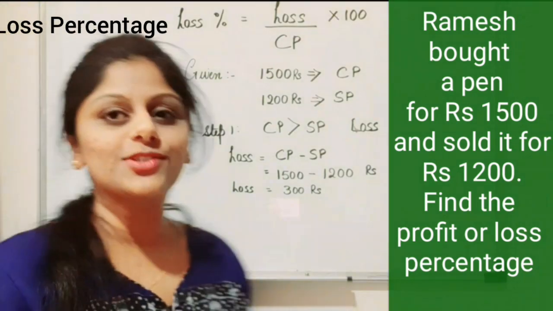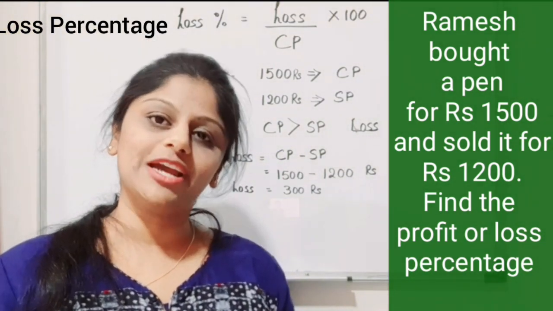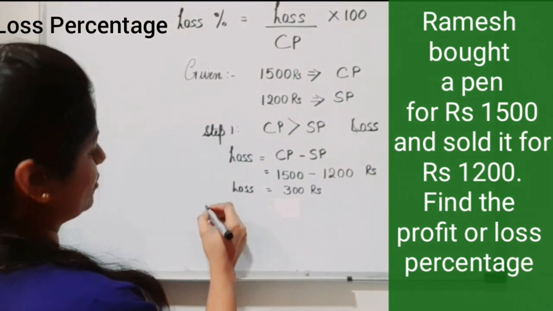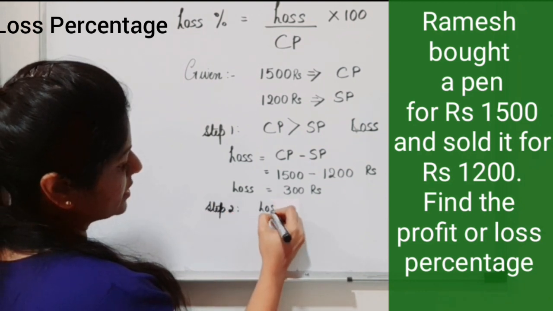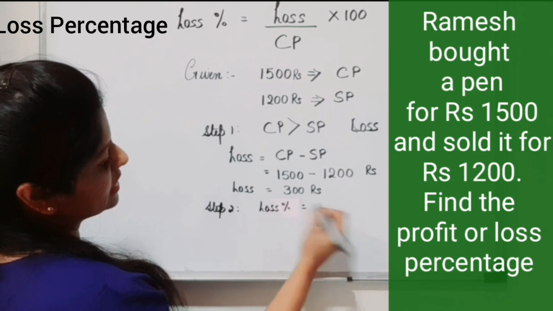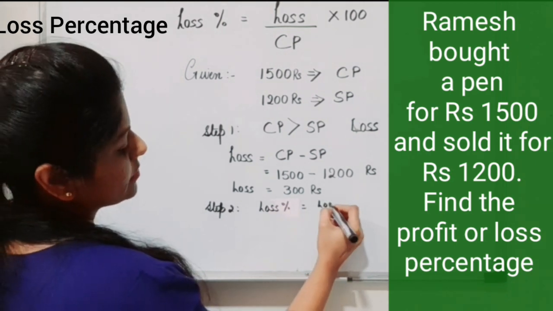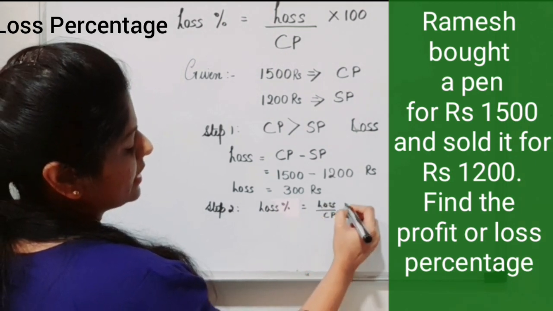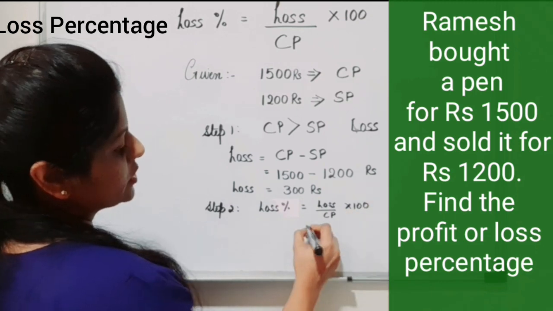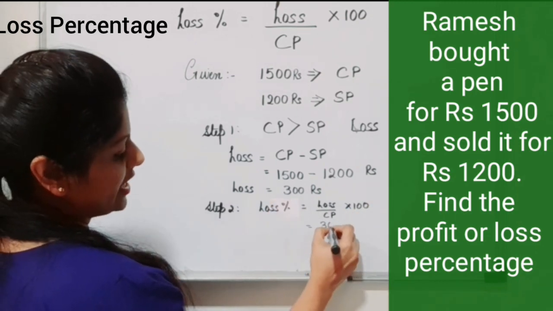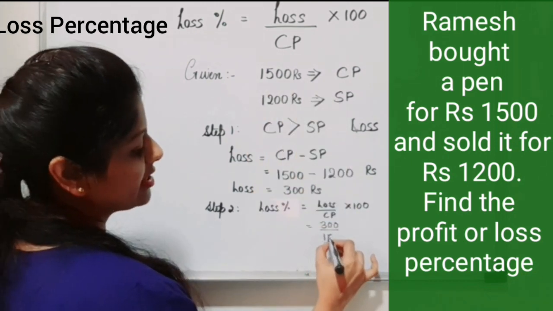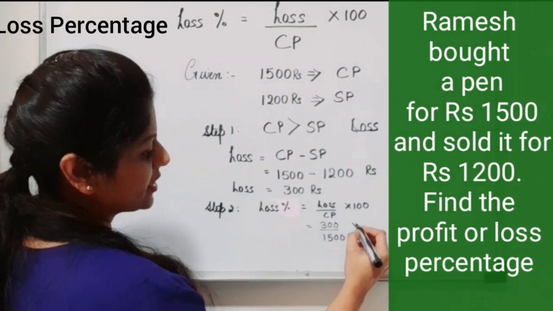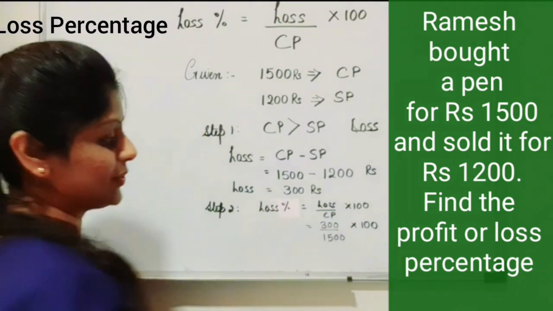So, now because it is a loss, which percentage do we have to find? We have to find the loss percentage. Therefore, step 2 is to find the loss percentage. So, loss percentage is equal to loss by CP into 100. On substituting, loss is 300 divided by our CP, which is 1500, and because this is percentage, we will multiply it with 100.